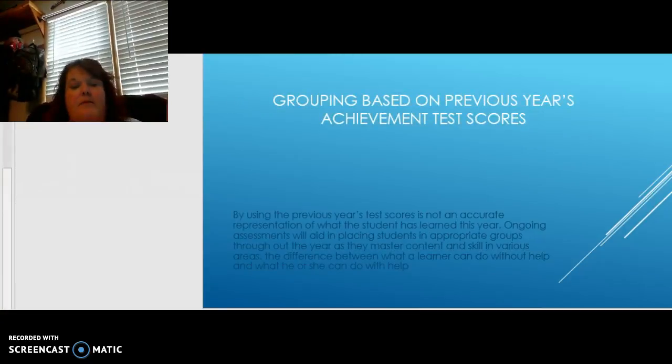By grouping on previous year's achievement test scores, you're kind of hindering what you're trying to do. You should do formative testing throughout the year, because students can learn and master different areas of things, and they won't be lost or bored. Ongoing assessment will aid in placing them in the right groups, because groups can change throughout the year because they can master.